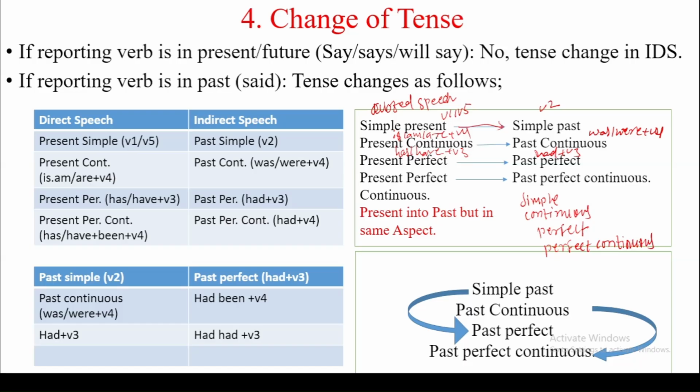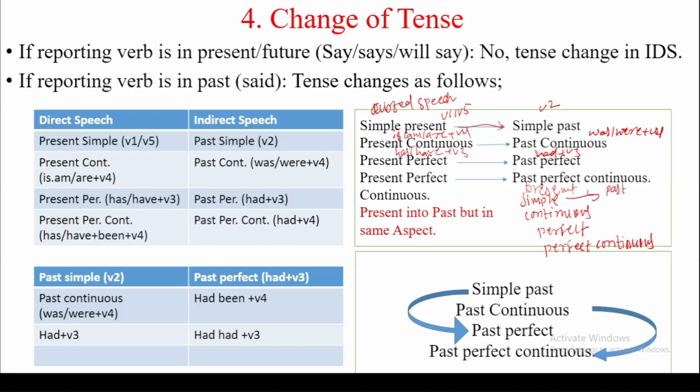So if it is about present tense, the aspect remains the same, only the tense is changed. Means simple present is changed into simple past, present continuous is changed into past continuous, present perfect is changed into past perfect, and present perfect continuous is changed into past perfect continuous.